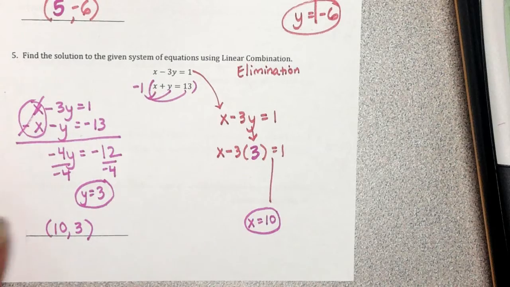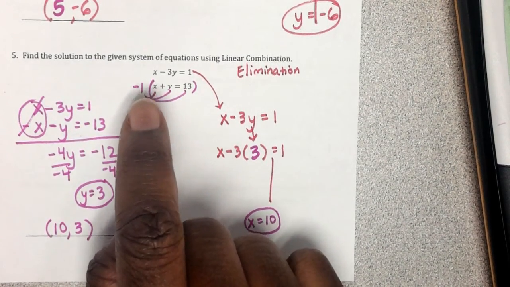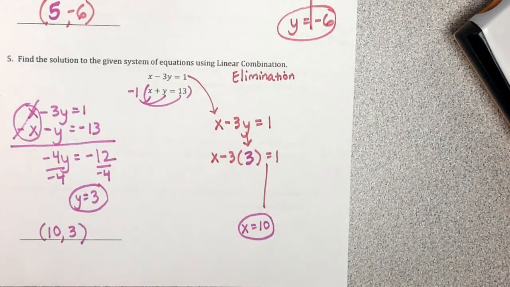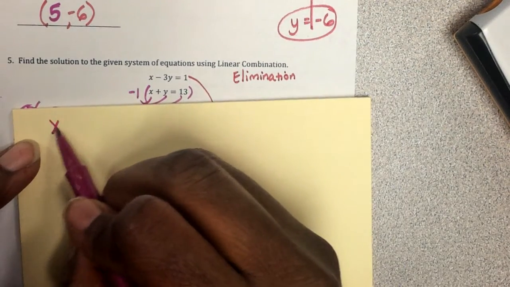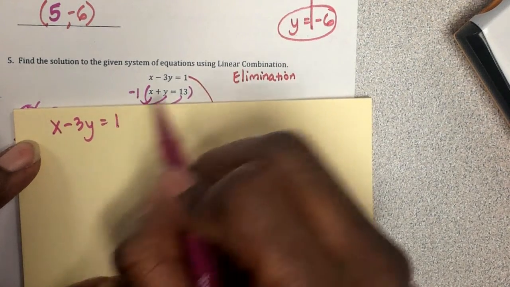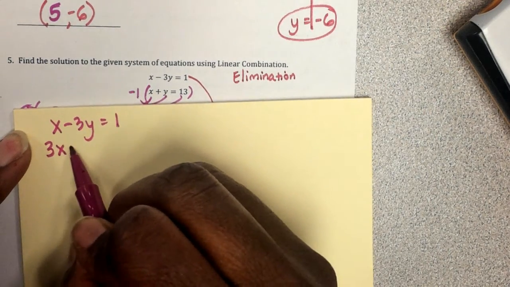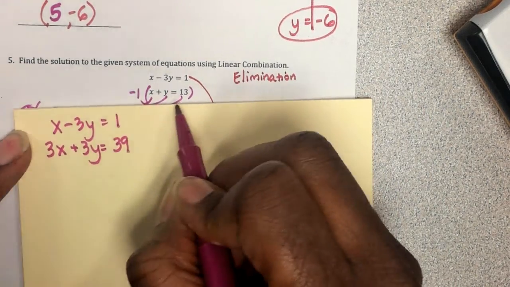Like I said, some people chose to multiply everything at the bottom times 3, which you can also do. I will also show that method. So if we kept the top the same, but then multiplied everything at the bottom times 3, that would be 3x plus 3y equals 39, which is 3 times 13.